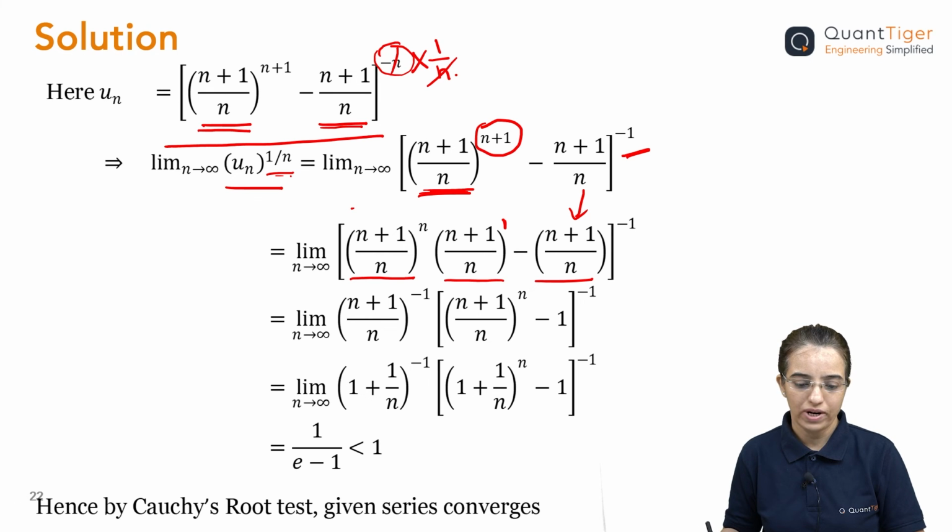If you look at both the terms, (n+1) upon n is the common factor, so I can take that out as common. Remember that if you take it out as common, the power -1 will also come out.